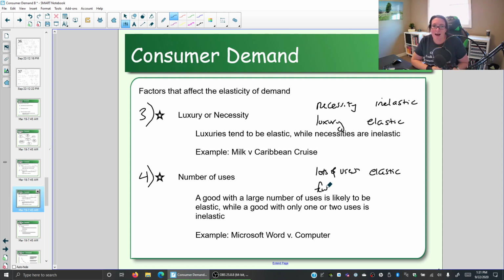So things that have very few or specific uses tend to have fewer alternatives, and that makes us less likely to be able to find something else when the price changes, and so our demand is more inelastic. Companies know whether demand is elastic or inelastic for their products.